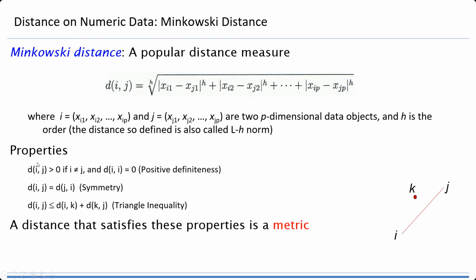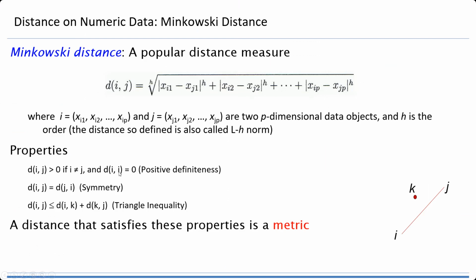Usually we have these properties to indicate a distance. After we do the calculation, the distance should be higher than or equal to 0. If the number is 0, it means the data is the same.